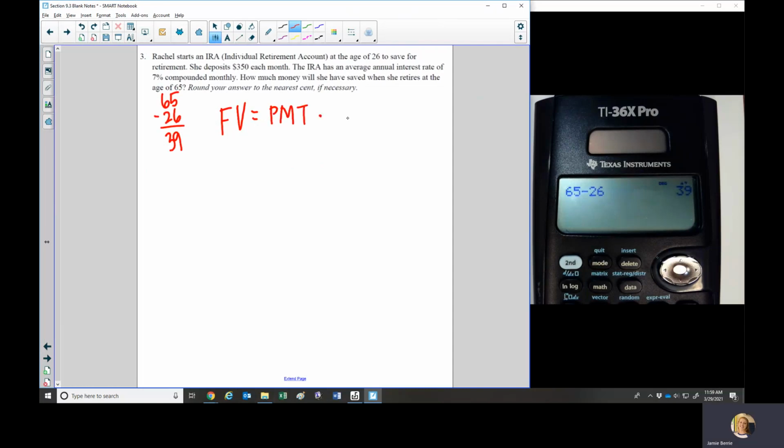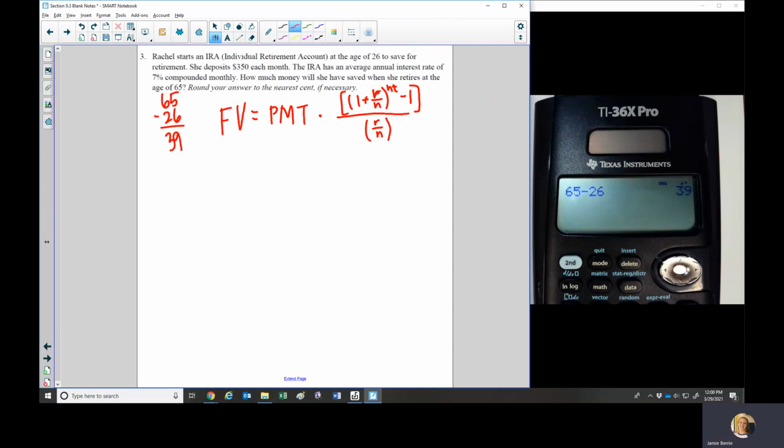We have payment times, then we have that big fraction. In the top, we had big bracket, parentheses, 1 plus R over N raised to the NT, minus 1, close bracket. And in the bottom, we had just R over N.